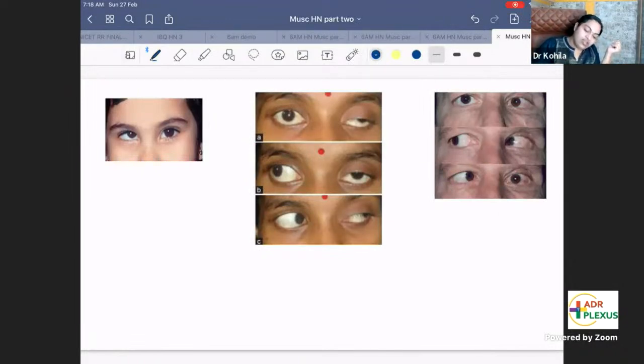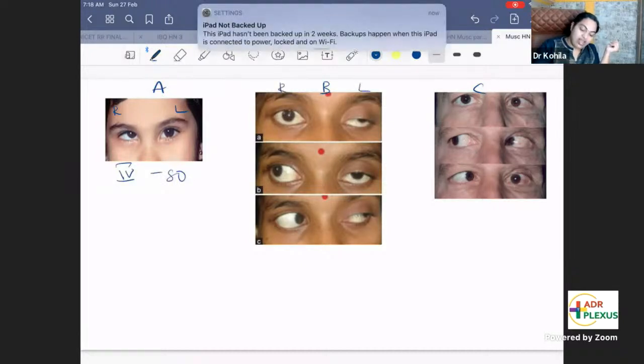Okay, this is a comparative picture I put to reduce the time. Can you identify what is the nerve injured in these three pictures? A, B, and C. Yeah. Right and the left eye. Injury to the trochlear nerve. Superior oblique palsy. Just now we saw. Here, just concentrate on the right and the left. You can appreciate the ptosis here on the left eye. Injury to the third nerve.